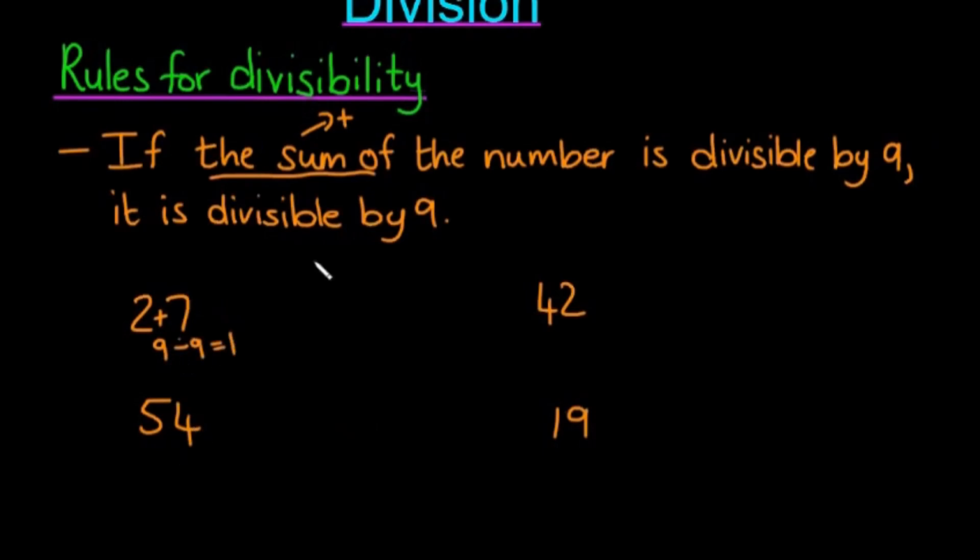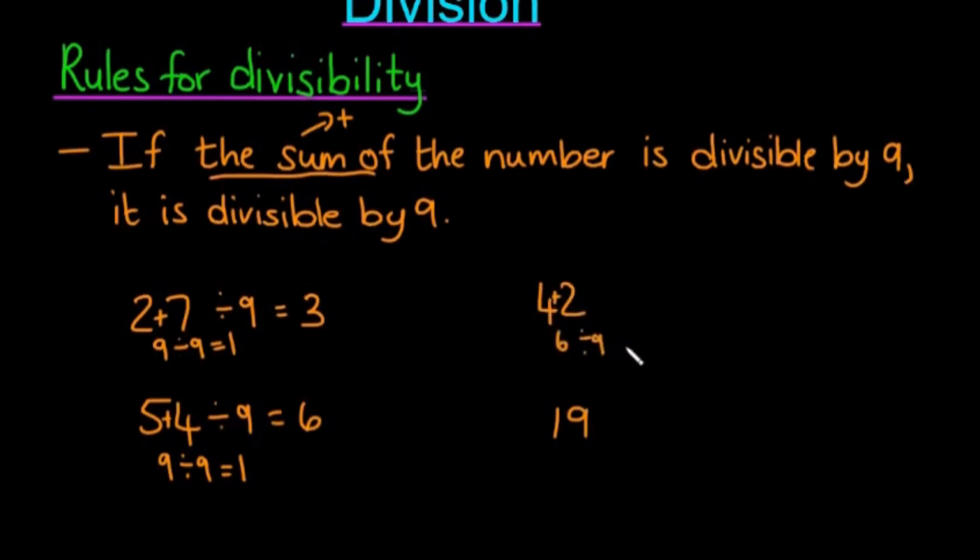This means that if I divide 27 by 9, I'm going to get an answer of 3. Likewise with 54. If I add the 5 and the 4, I'm going to get 9. And 9 divided by 9 gives me 1. And because of that whole number answer, I can go ahead and divide 54 by 9, which will give me the answer of 6.